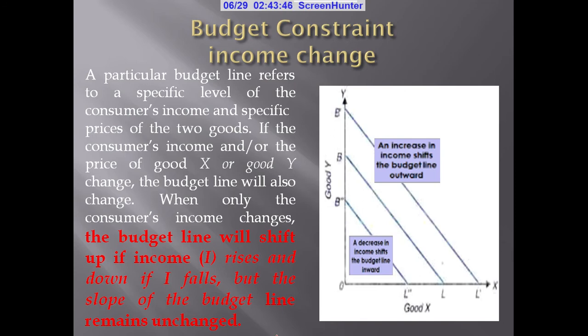A particular budget line refers to a specific level of consumer's income. As we studied earlier, along the budget line we have fixed prices and a given income. If the consumer's income and or the price of good X or good Y change, the budget line will also change.